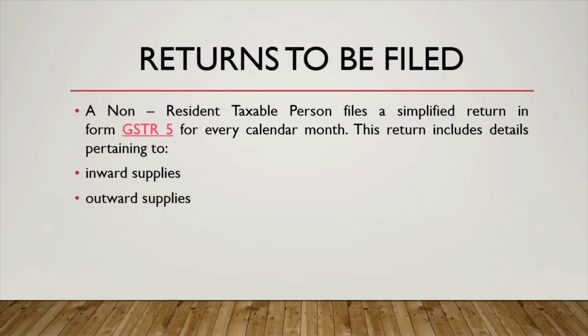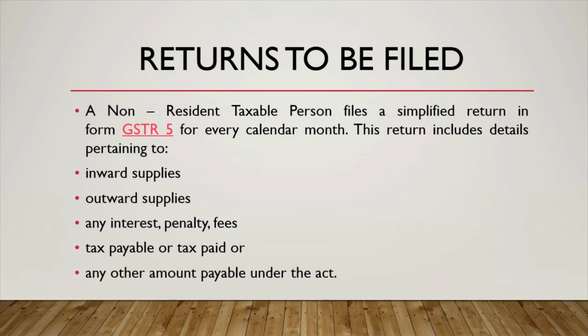Then the outward supplies, that is the supplies going out. Then any interest, penalty, or any kind of fees. Then comes the tax payable or tax paid, or any other amount payable under the act, that is the GST Act.